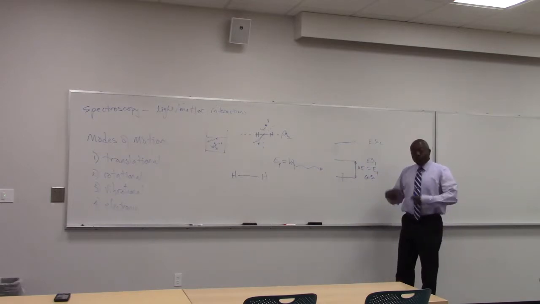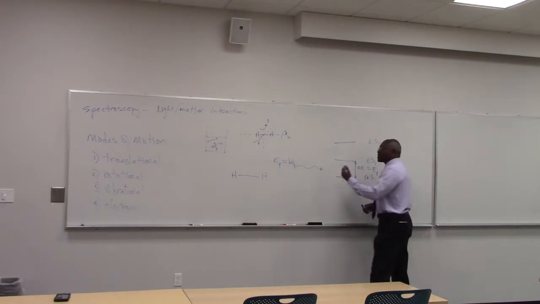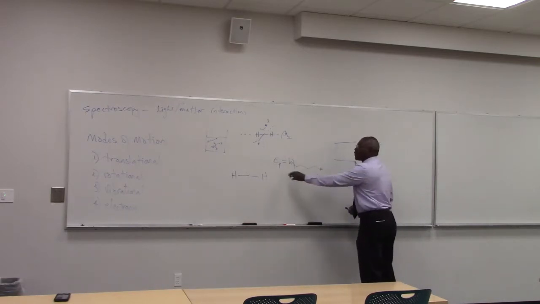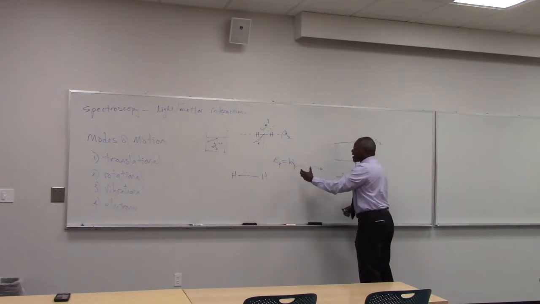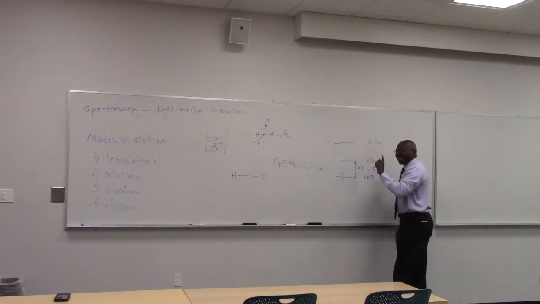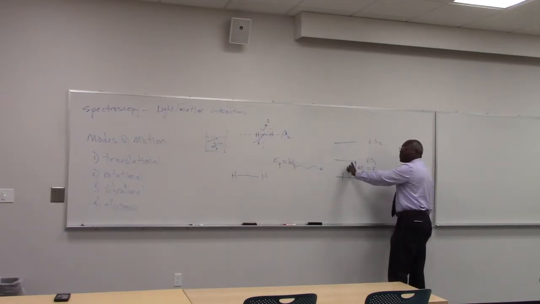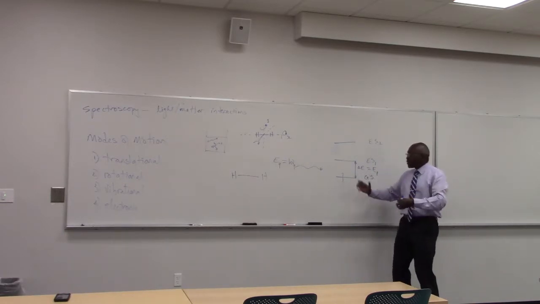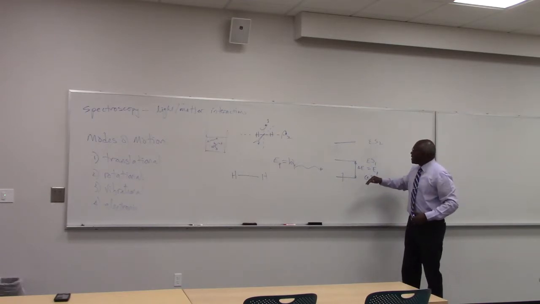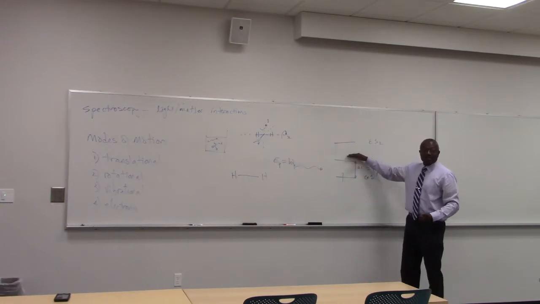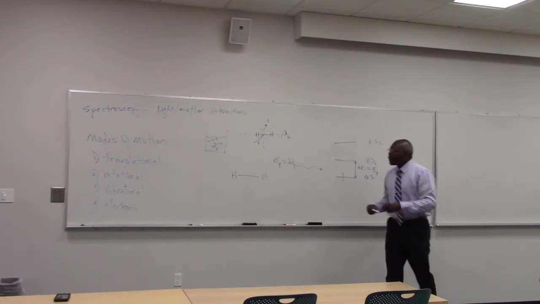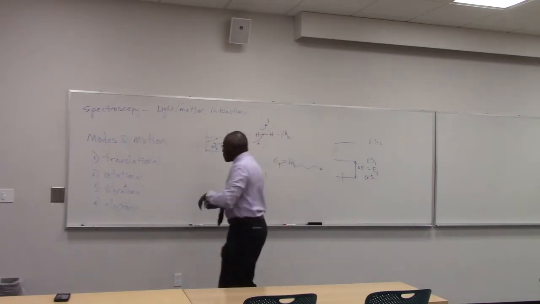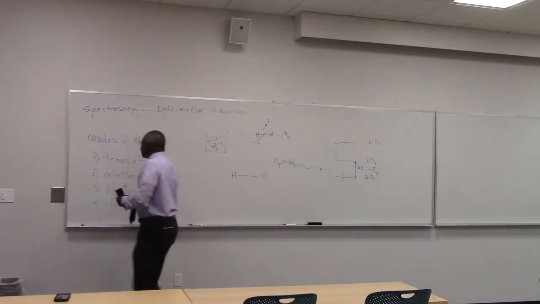Okay? So that's also a motion, but this motion is electronic. That requires the impinging of a quantum of light, a photon of light, whose energy exactly matches the energy gap in the molecule. The particle, whatever that particle is, absorbs the energy and then is excited and moves from a ground state to an excited state. Okay? So there are 4 different modes of motion that we are going to examine.